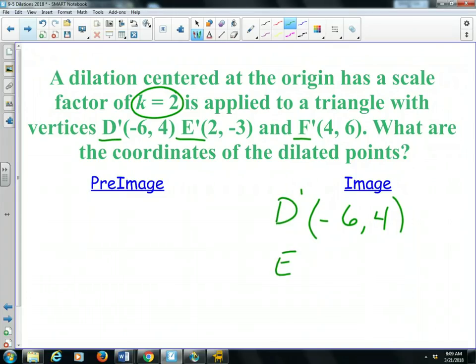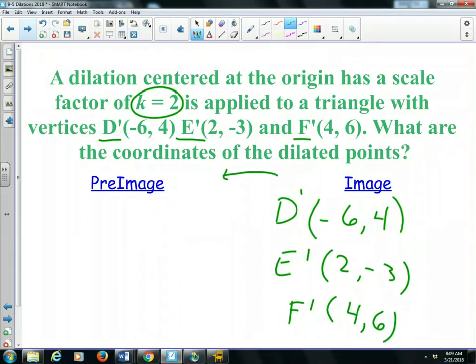E prime is at 2, negative 3. And F prime is at 4, 6. To get to my preimage, to go this way, I'm going to divide by the scale factor. So I'm going to divide by k, or I'm going to divide by 2. And that's how I will get D, E, and F.